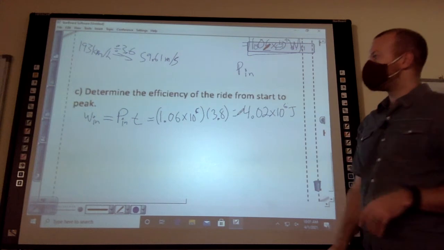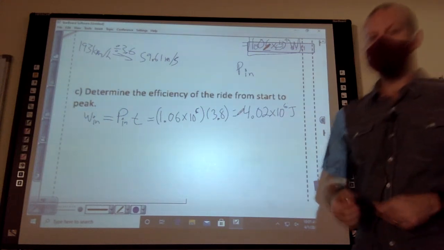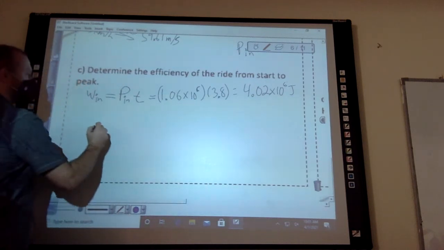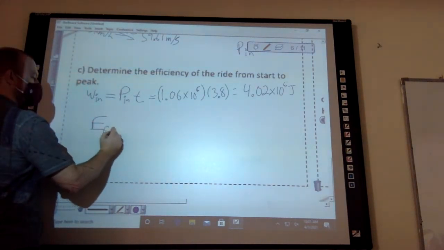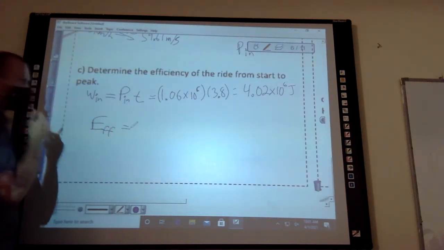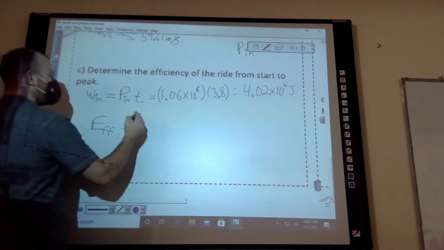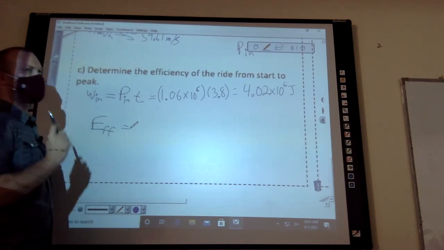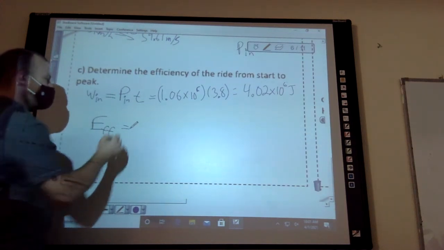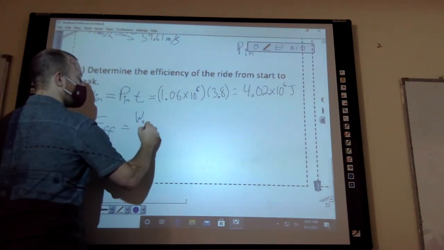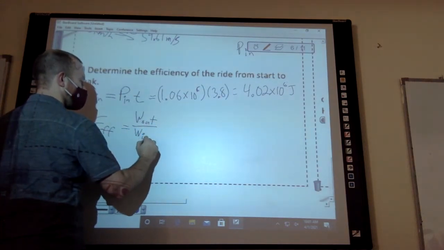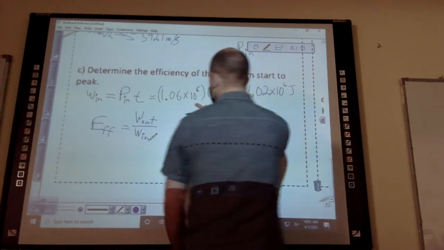So now that I've got the work input, we can figure out efficiency. Normally efficiency is EFF, so you don't confuse it with energy. Is it work in over work out, or is it work out over work in? Out over in. If you ever end up with an efficiency over 100, something's wrong. This is one of those mistakes. You might have just mixed up out and in.